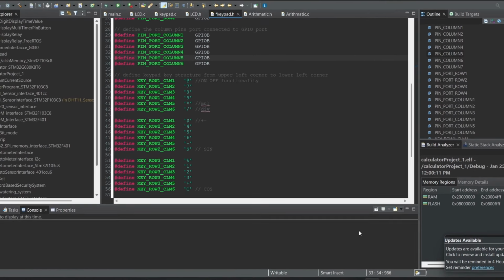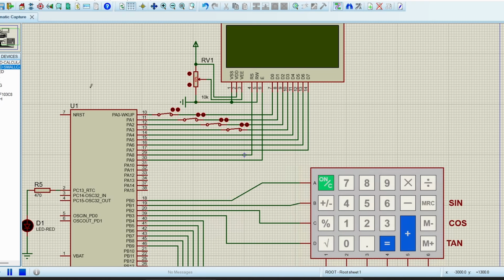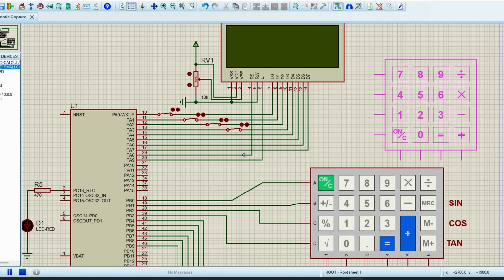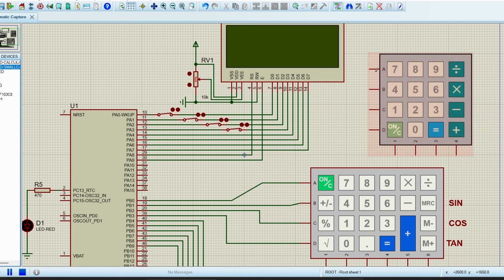Now, in the previous calculator project, for first row, first column we had key 7. But here, for first row, first column we have the on off key, so we have to reassign these key functionalities.